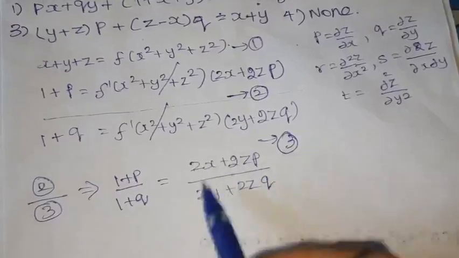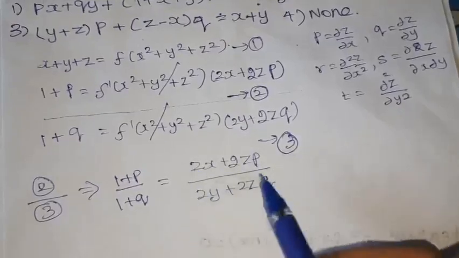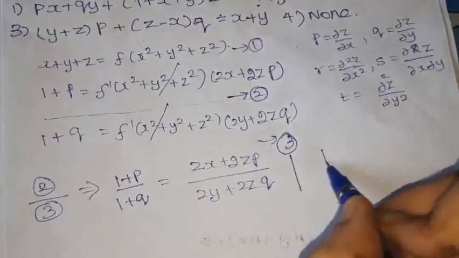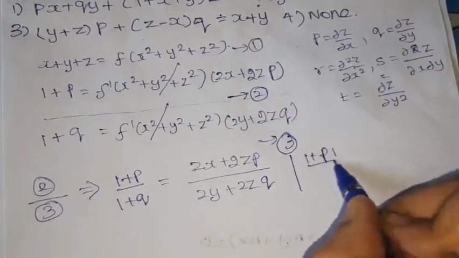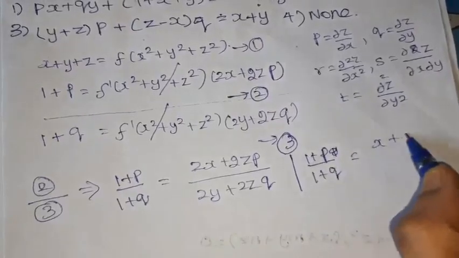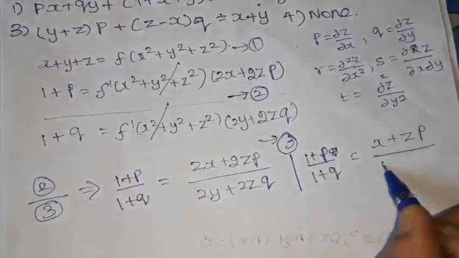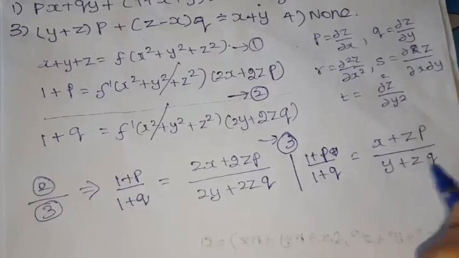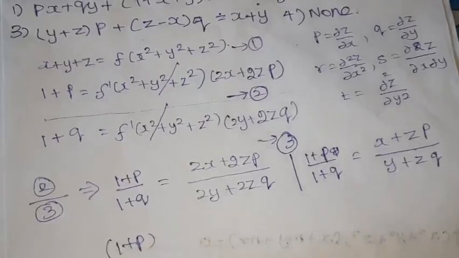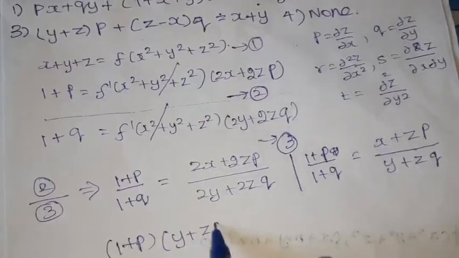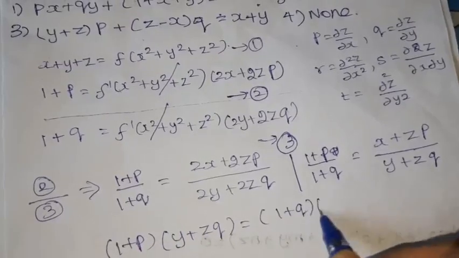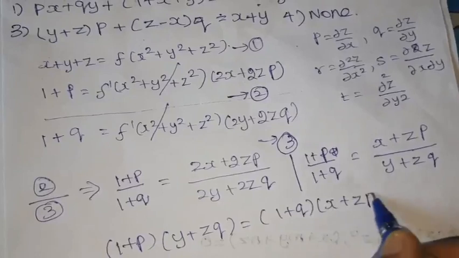Taking 2 as common and cancelling from numerator and denominator, we get 1 plus p divided by 1 plus q equal to x plus zp divided by y plus zq. Then cross multiply on both sides: 1 plus p into y plus zq equal to 1 plus q into x plus zp.